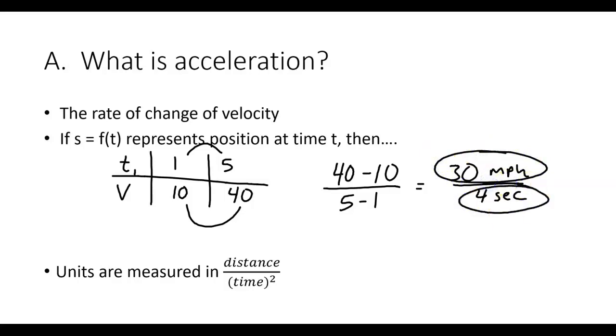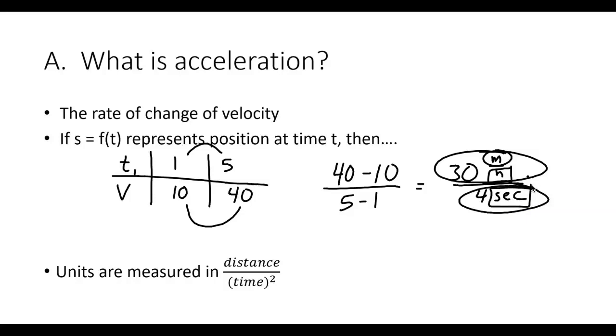Okay? Now, as you guys can see, there's actually one distance unit inside of acceleration, and there are 2 time units. Miles per hour can be written like this. Don't you guys agree? So I have one distance unit, miles, and I've got 2 time units. Now in the example I did, hours and seconds are different ways of measuring time, so we don't put it like that.